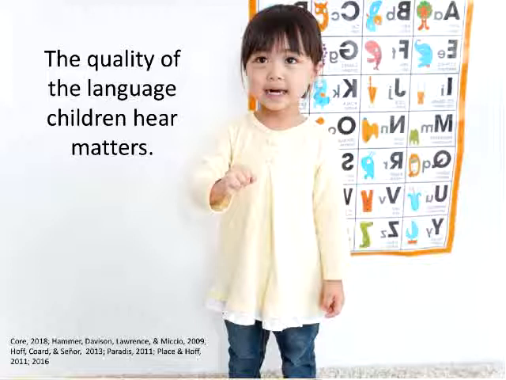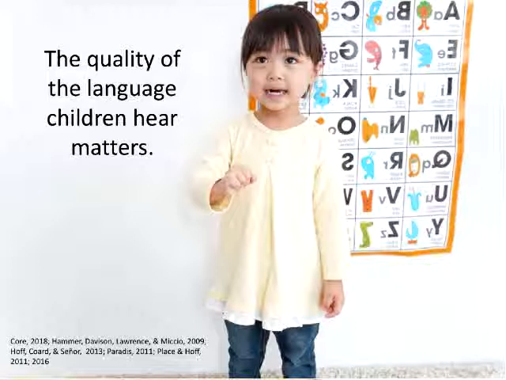We can think that it's maybe a little bit harder to imagine, but hearing language from many speakers of that language is actually a measure of quality of language exposure, because the more speakers that a child hears language from, the more opportunities the child has to hear a richer variety of vocabulary words and observe and hear different ways of speaking, and that really helps children learn a language.